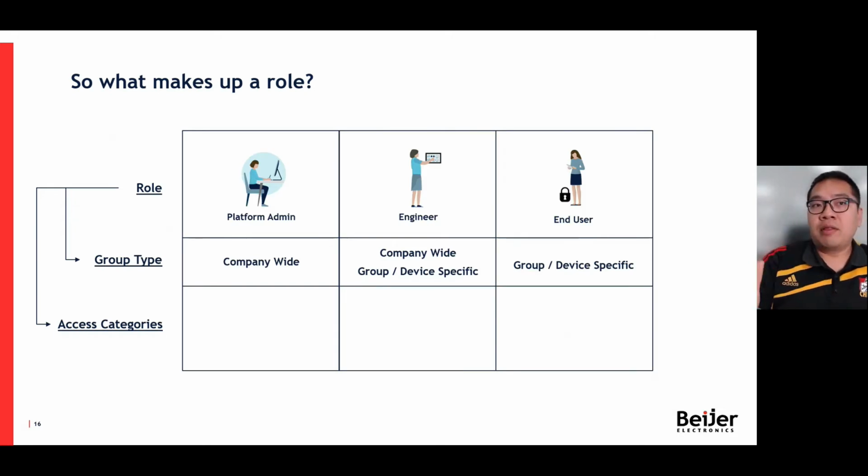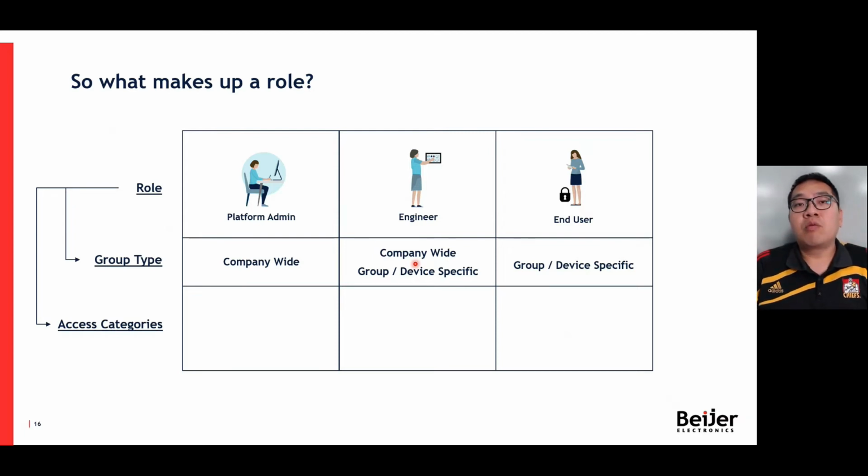To put that into context, let's imagine a company that has 3 different roles. We have a platform admin, an engineer, and an end user. Each has a different kind of group type. Platform admin is basically a company-wide role. Engineer could be company-wide, or group or device specific.